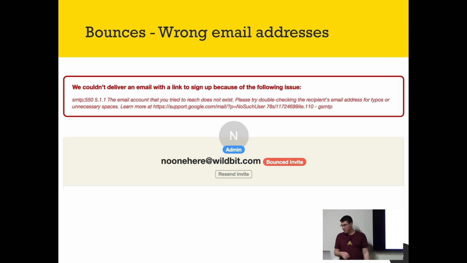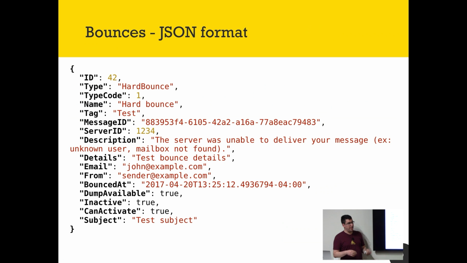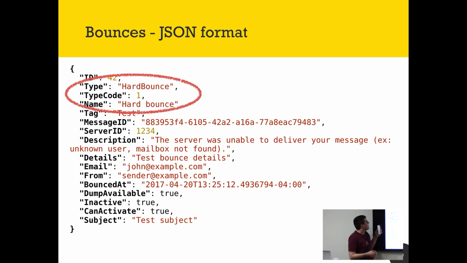Gmail gave us. So here's the actual JSON payload that we're going to give you for bounces. We're going to break it all up. To call out a few things, the first one is the type of bounce that it is. There's a loose industry category of bounces: hard bounces, spam complaints, and soft bounces.